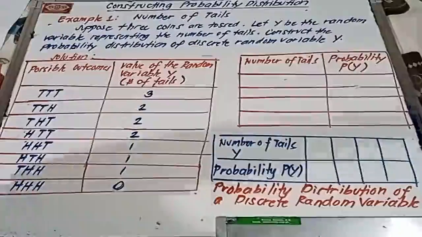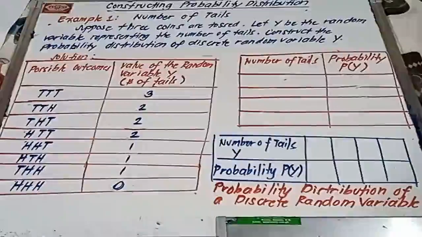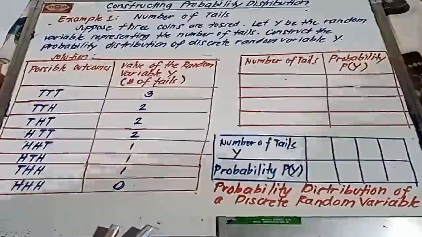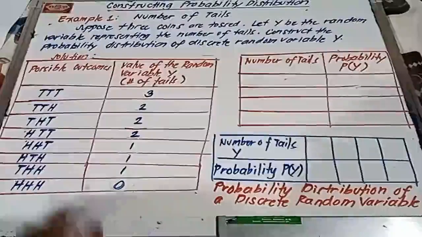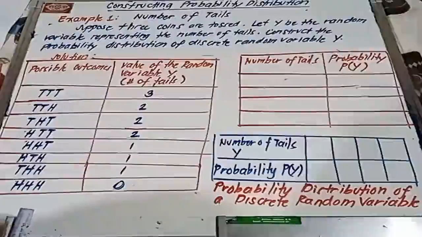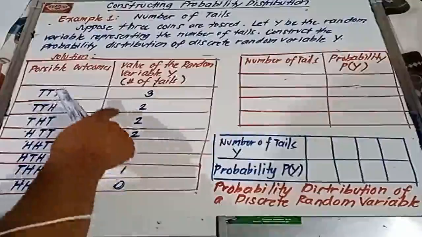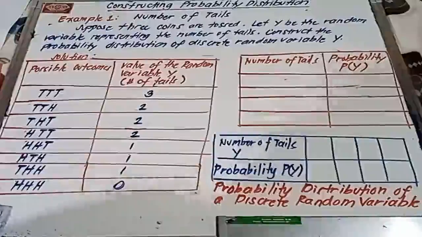Yung second table may number of tails and then the corresponding probability value. At yun na yun. Yun na yung ating probability distribution. Now, mapapansin natin there are 4 possible values ng ating random variable y that represent number of tails ng ating random process. Ano yun? 0, 1, 2, and 3. Okay.